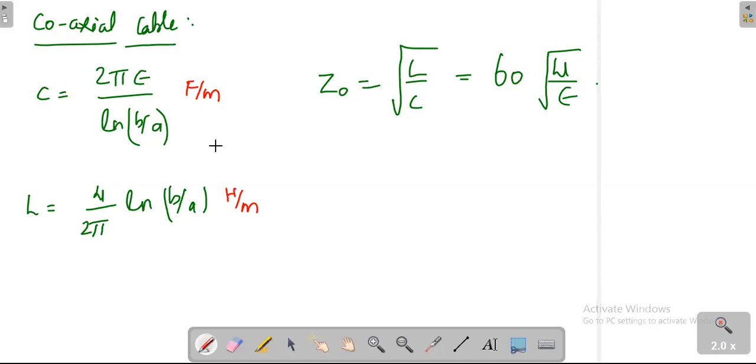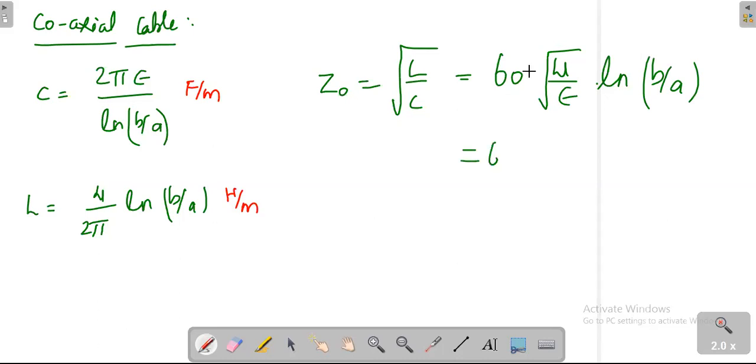Ln cancelling. 60 ln b by a. 60 square root of mu by epsilon. L வந்து நியூமரேட்டர்ல வருது, ஸோ மியூ இருக்கும். இப்போ இது டினாமினேட்டர்ல வரும்போது எப்சிலான் இருக்கும். எல் பை சி போடும்பொழுது அகைன் 2 லேன் வரும். அதில் ஸ்கொயர் ரூட் எடுக்கும்பொழுது 1 கேன்சல் ஆகிடும். ஸோ ஐ திங்க் 60 square root of mu by epsilon ln b by a.